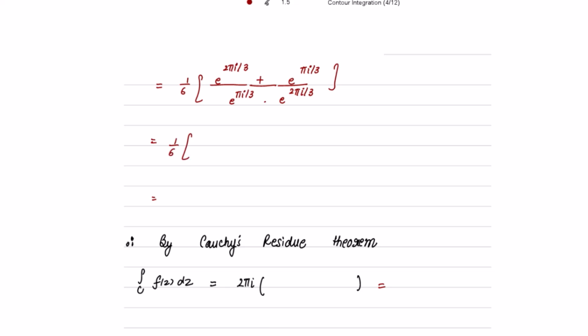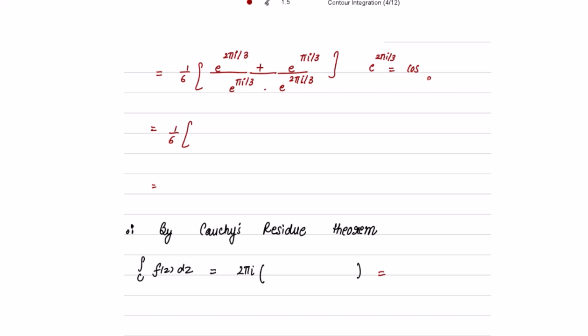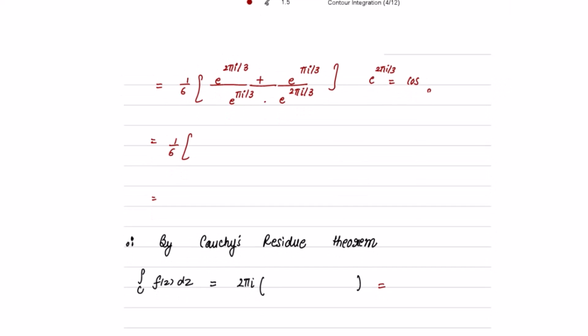Now I know that e^(2πi/3) is equal to cos x + i sin x, where x is 2π/3. So what is cos 2π/3? Yes, negative 1 by 2, very good.